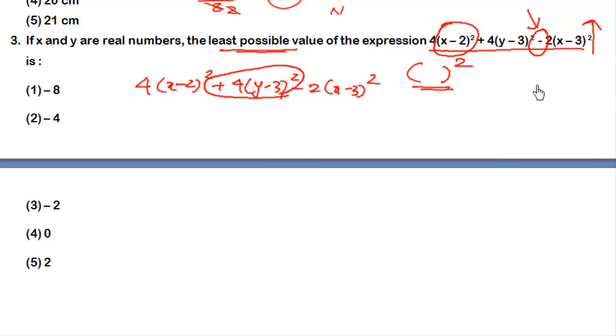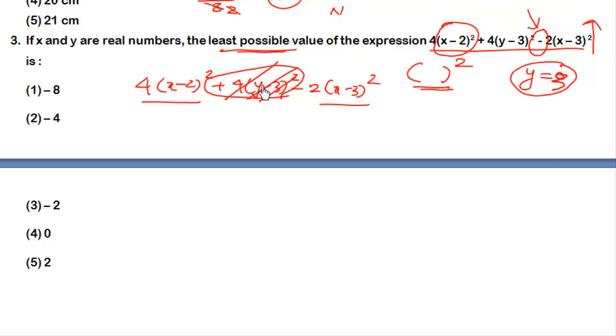So straight away we can say that y should be equal to 0, but we should not put the value of x to be 2 or 3, right? We have to get the value of x for which, combined, the first term and the last term give me the minimum value. So we can negate this particular term because it is the only term containing y, and y needs to be put as 3, not 0.